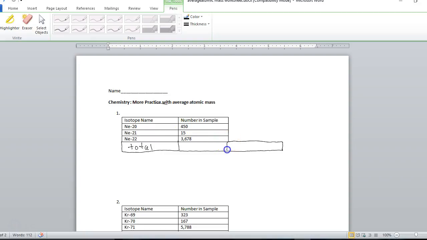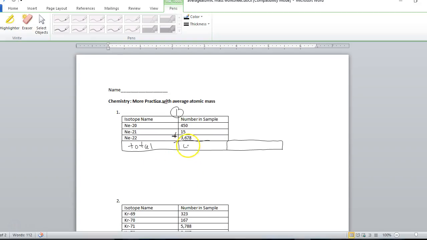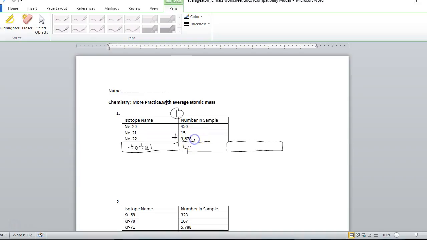The first step is to add your total number in sample. So 450 plus 15 plus 3,678, we would get a total of 4,143 atoms that we're working with.